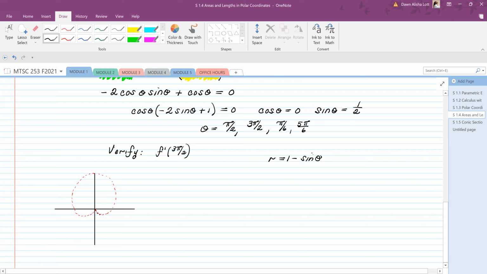So when theta equals 0, I am at 1. When theta equals pi over 6, why am I confused?